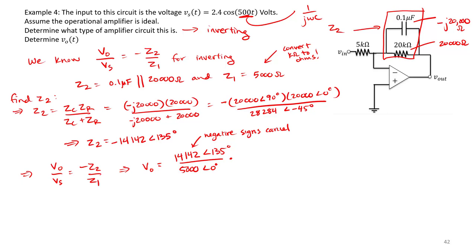And we're multiplying all that by our voltage source, which is 2.4 angle 0 degrees. If we do all that math, we determine that V0 is equal to 6.78 angle 135 degrees. And as a function of time, that will give us 6.78 cosine of 500t plus 135 degrees volts.